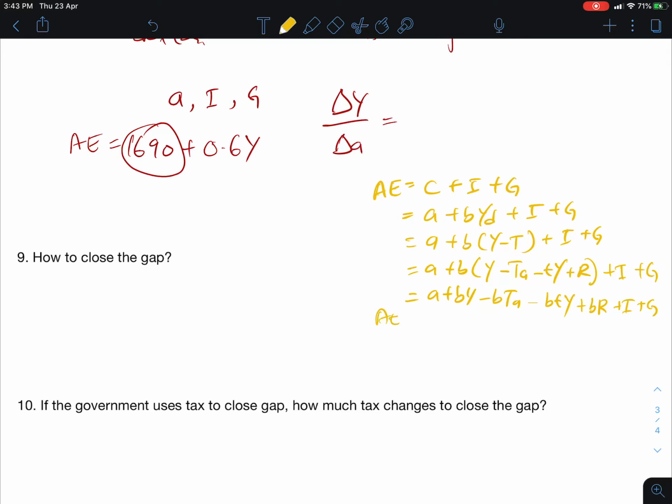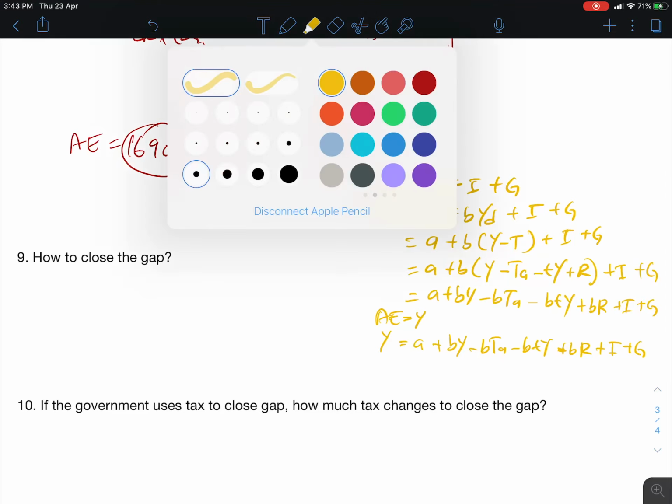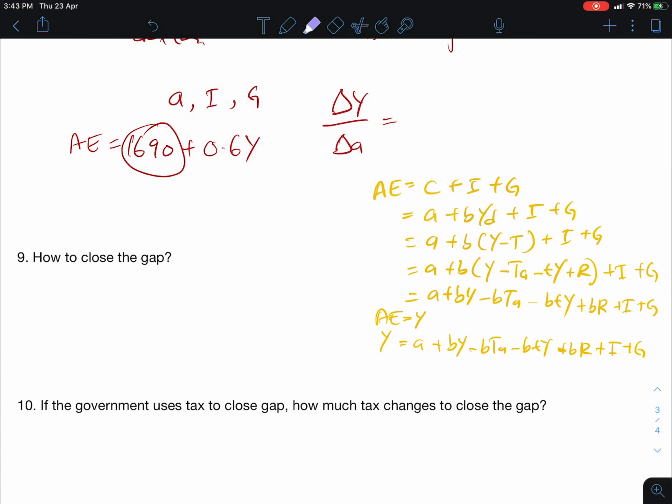So AE equal to Y, so you have Y equal to A plus BY minus BTA minus BtY plus BR plus I plus G. So kita ada Y kat sini, kita ada Y sini, kita ada satu lagi Y situ.